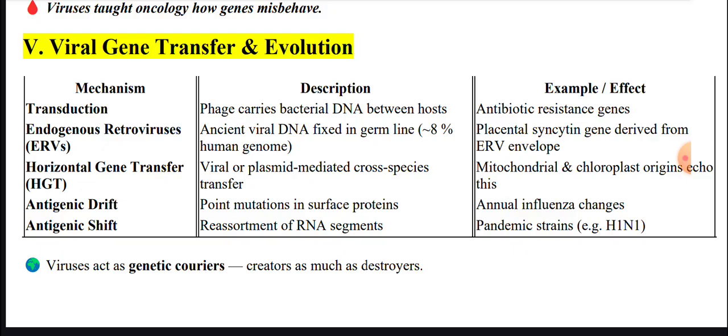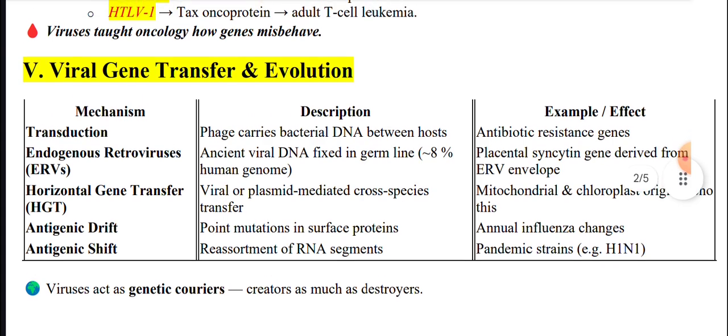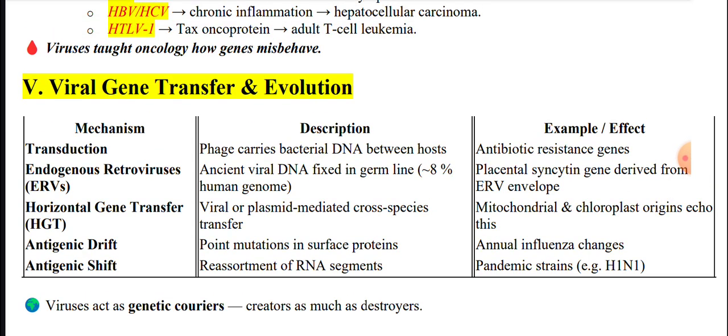Wow. Are these just dead relics, or do they do anything? The notes highlight the syncytin gene. That's the killer example. Syncytin is a gene absolutely essential for the development of the human placenta. Specifically, it helps form the crucial syncytiotrophoblast layer, a barrier made of fused cells that controls nutrient exchange and prevents the mother's immune system from attacking the fetus. And where does the syncytin gene come from?